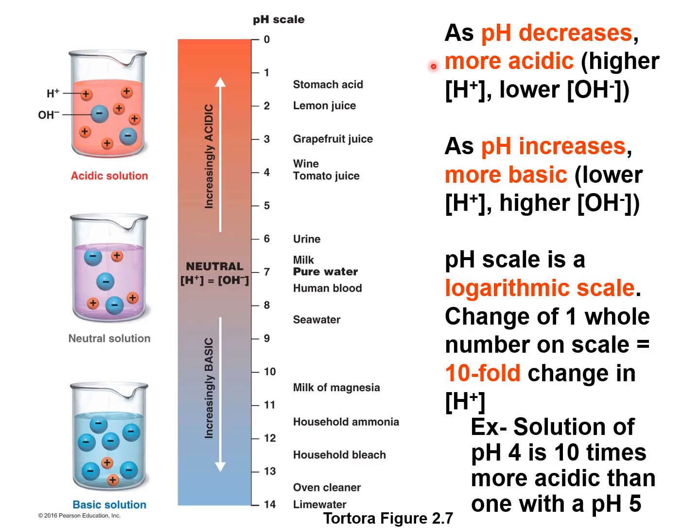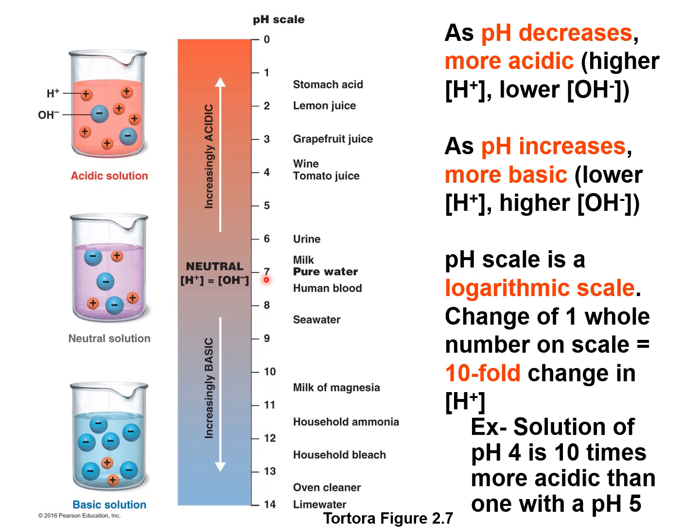Here's just a picture of the pH scale. We've got a pH of 7 in the middle, neutral. Hydrogen ions equal the hydroxide ions, but if the pH number is less than 7, that means you have more hydrogen ions, and you're going to be acidic. If your pH number is greater than 7, you have less hydrogen ions and you're going to be basic or alkaline.